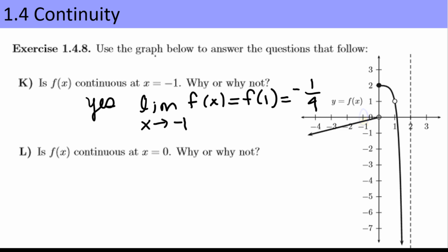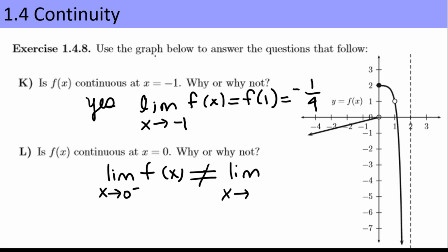Part L. Is f of x continuous at x equals 0? The graph itself tells us it is not continuous because we have a gap. To provide, according to the definition, we will say that the limit as x approaches 0 from the left of f of x, which was 0, is not the same as the limit as x approaches 0 from the right of f of x.